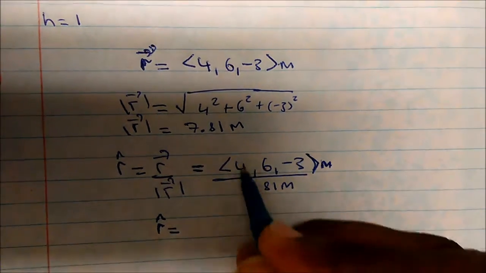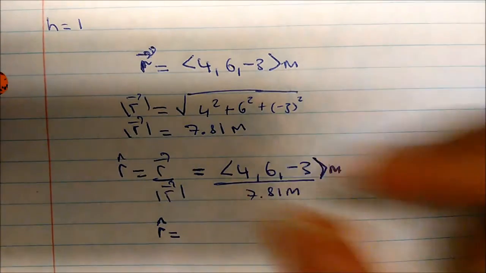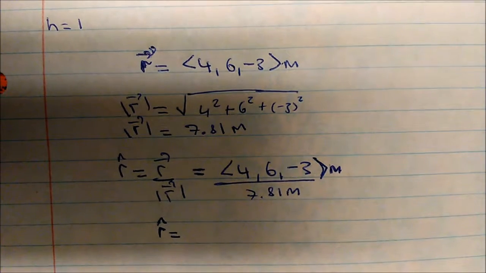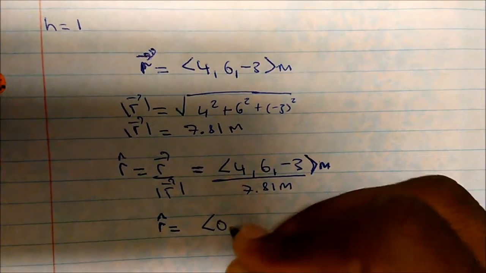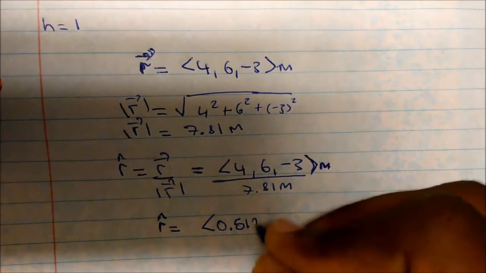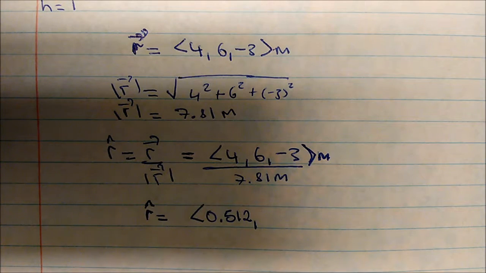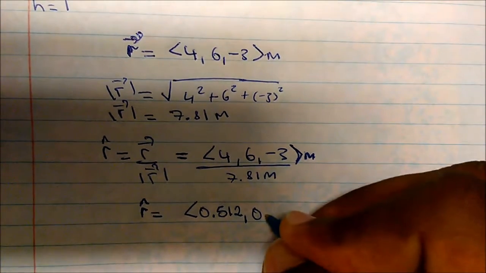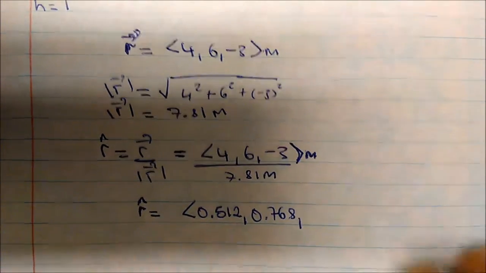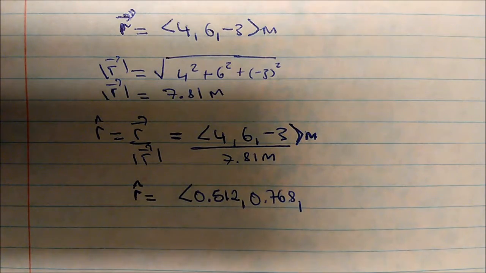Now, how do we divide this? We take each component and divide it. So this becomes 4 divided by 7.81, and rounding to 3 decimal places that gives me 0.512 in the positive x direction. I take 6 and divide by 7.81, I get 0.768 in the positive y direction.